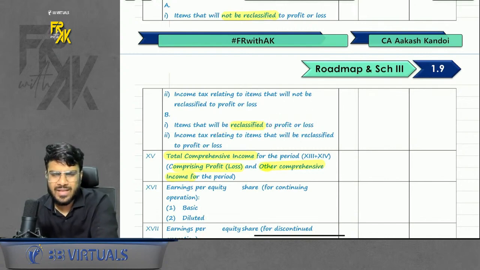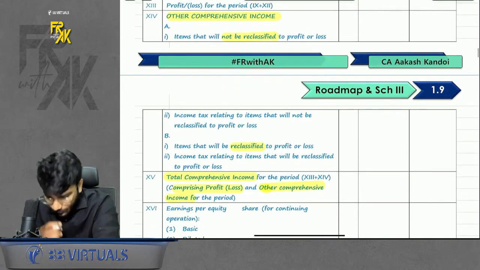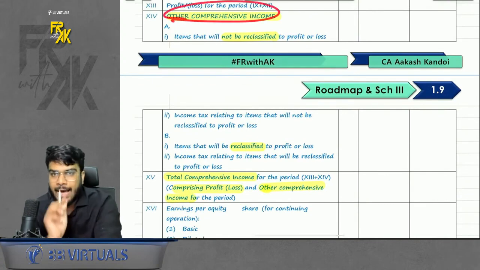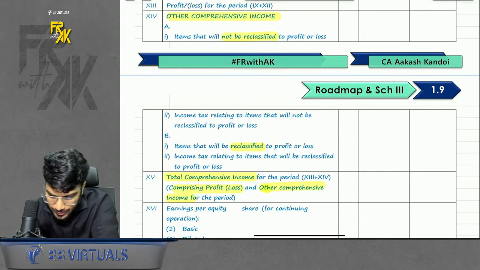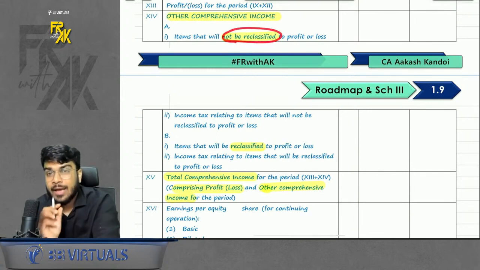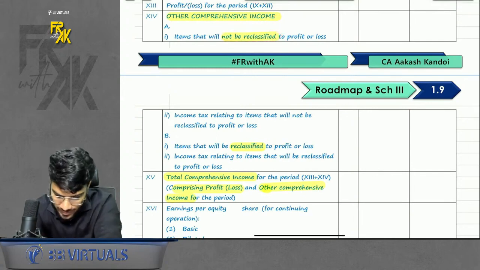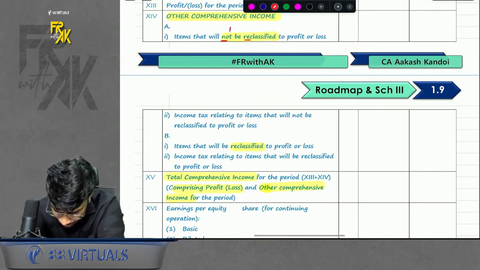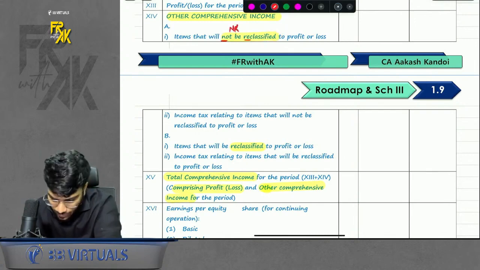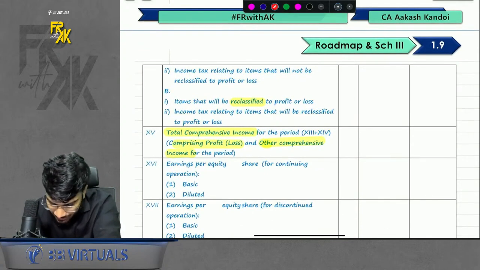Now, sir, what is the meaning of this? Ideally, even OCI has two columns. One column we call not to be reclassified, in short form NR. And the other column is the one which will be reclassified, known as R.